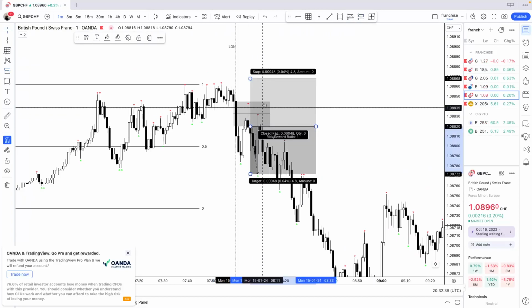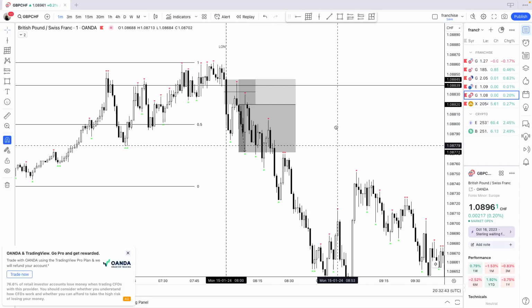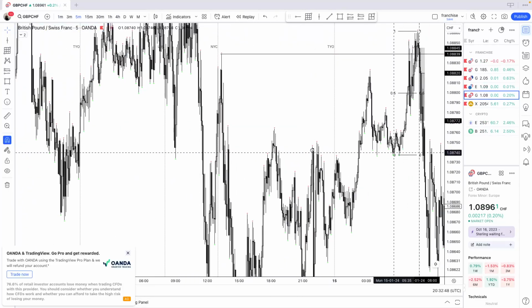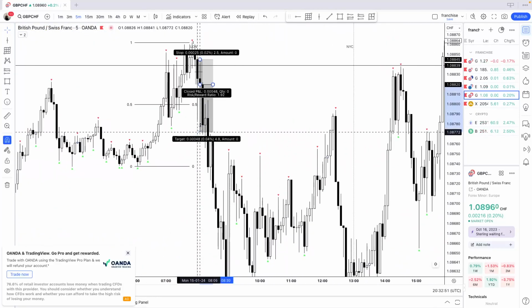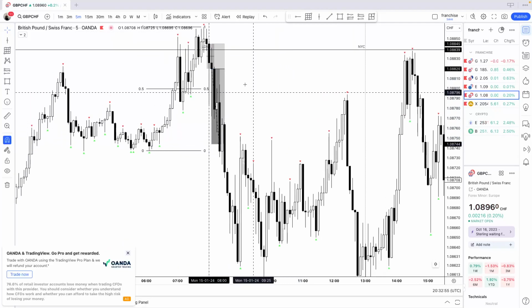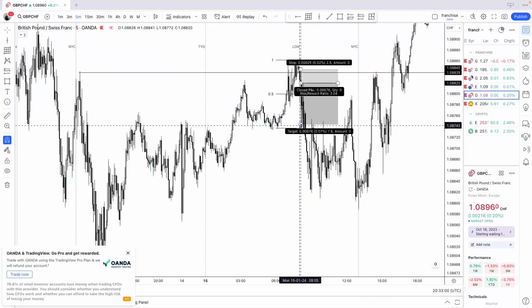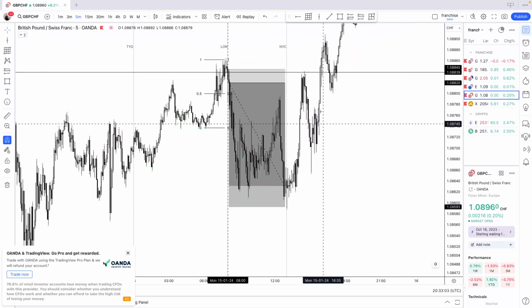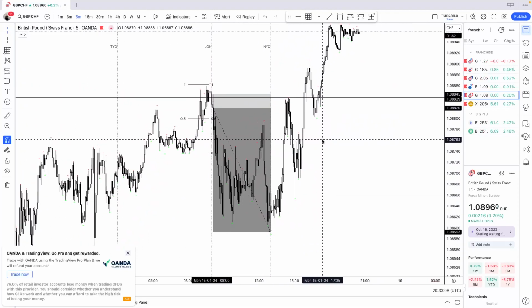You'd have entered right there, stops above the fair value gap, and you would have targeted this swing low here, this swing low there, and then all this extra profit is now risk free. So you'd have had a 9R right there before it reverses back up for New York.